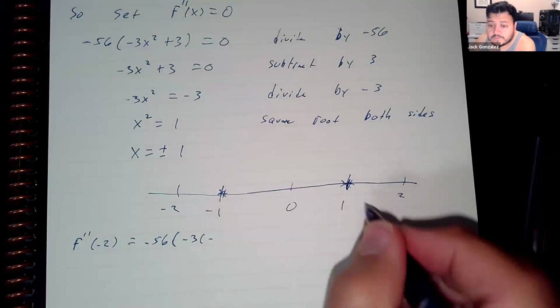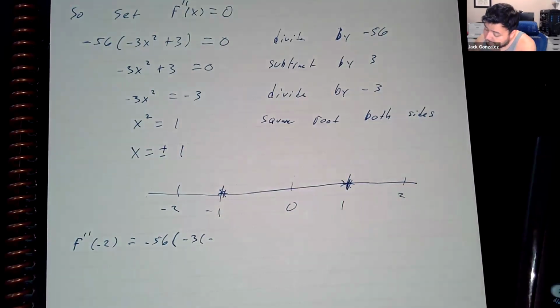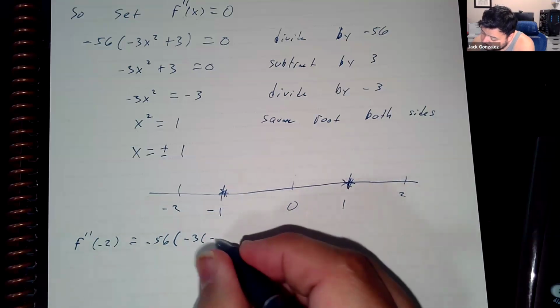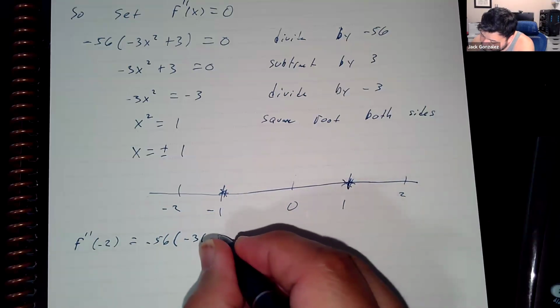I confused myself. Those are the criticals. Or inflection points, sorry. -3. What was I doing? No, yeah, there it is. -2.